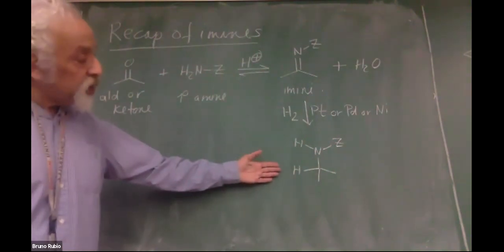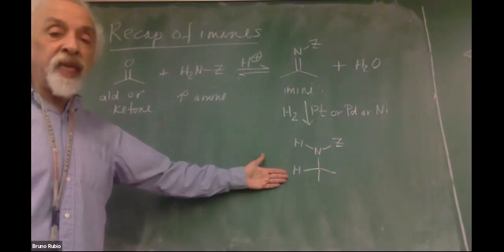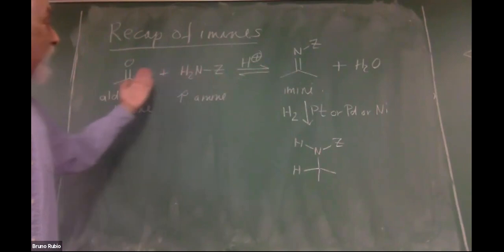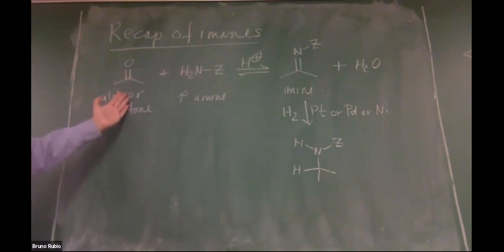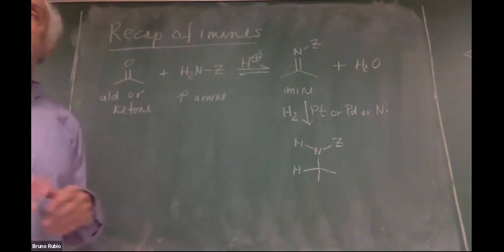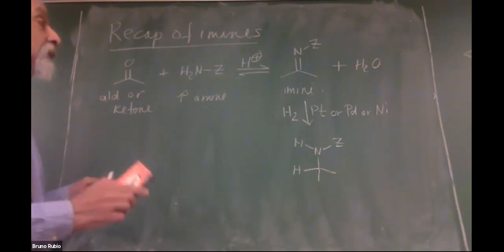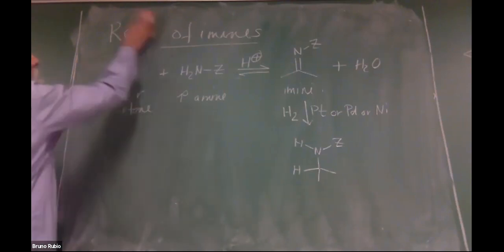And so this is a way of making a new amine from a pre-existing amine and an aldehyde or a ketone. Okay, so this is an important reaction of the imine, that reduction of the carbon-nitrogen double bond. Let's talk about the mechanism of this reaction.